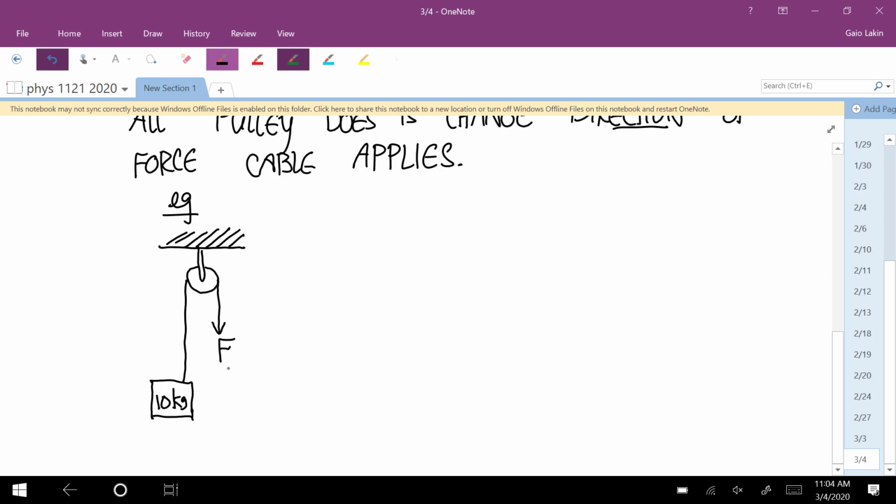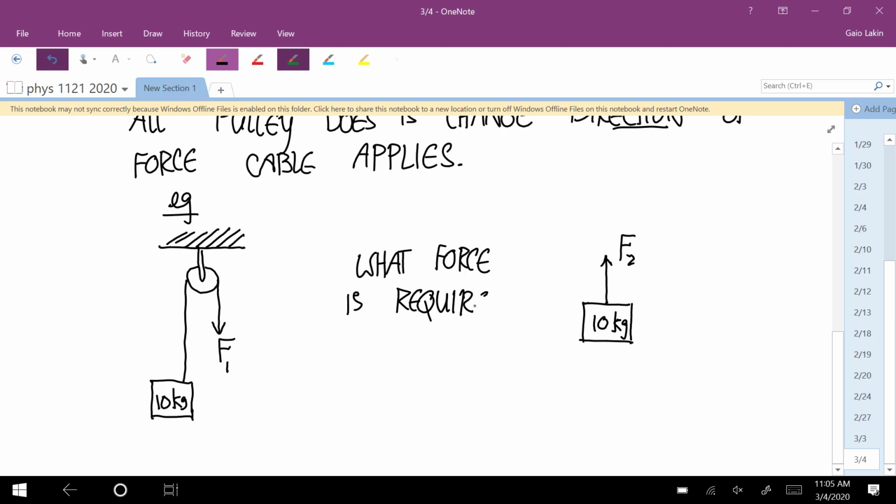Let's figure out this force F1, and then let's think of another case where you have that same mass and we're applying a force F2 here. What force is required for this to be in equilibrium? In other words, for the acceleration to be 0.